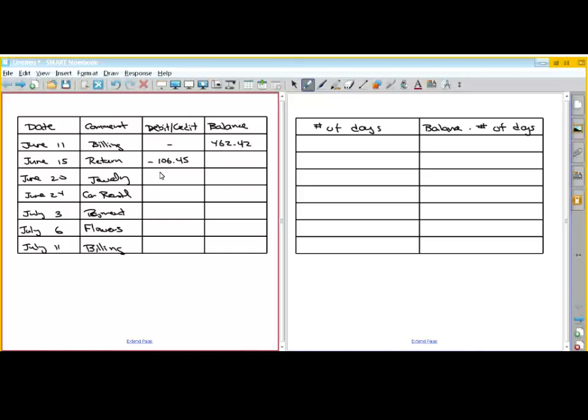Okay, so the return is a negative to the balance. You have jewelry, which is going to be adding to the balance. You have the car rental, which is going to be added to the balance. You have the payment, which is going to take away from the balance. And you have the flowers, which are going to add to the balance.